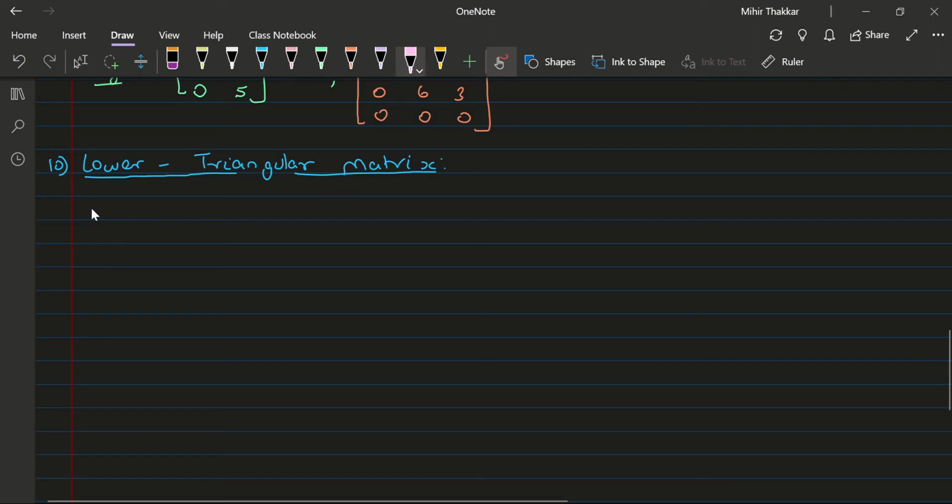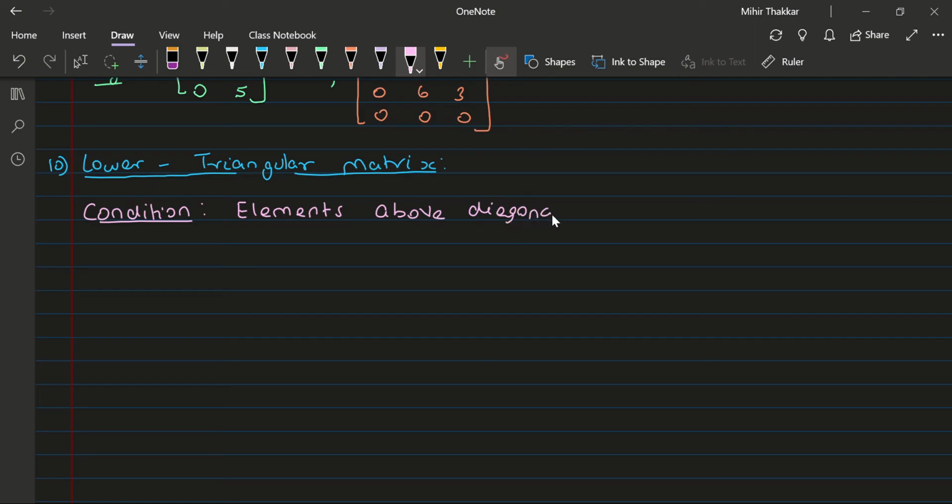Once again, the condition for this is that elements above diagonal are equal to 0 and now the elements below diagonal should be non-zero. Diagonal can be 0 or non-zero, it is not important.